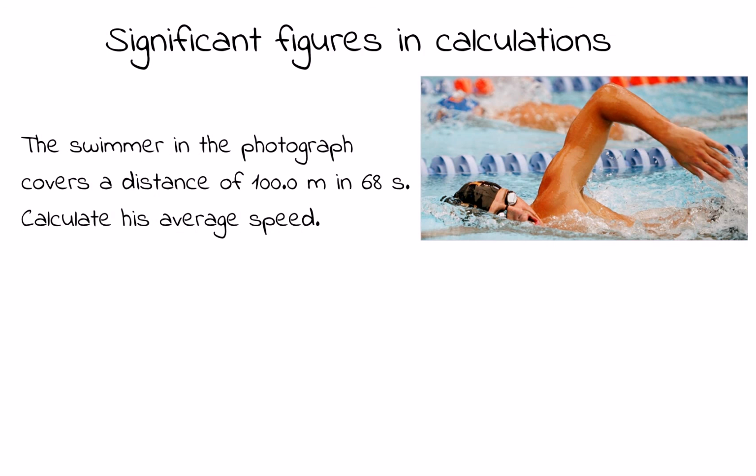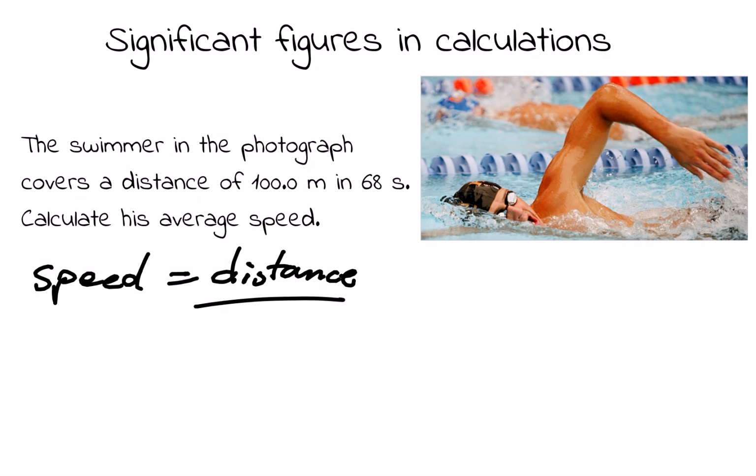We're going to use this swimmer as an example of that. So the swimmer in the photograph covers a distance of 100.0 metres in 68 seconds. We're going to calculate his average speed. Okay, so speed is equal to distance divided by the time.